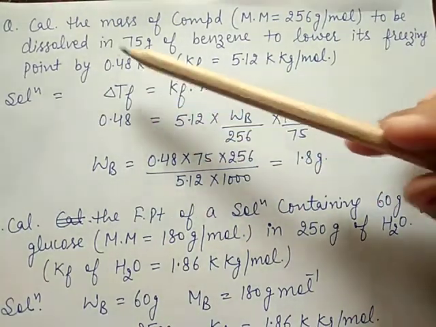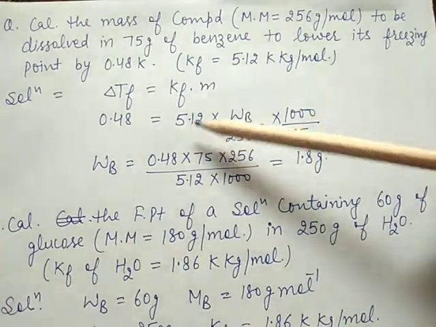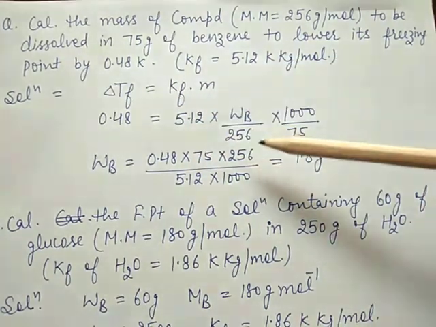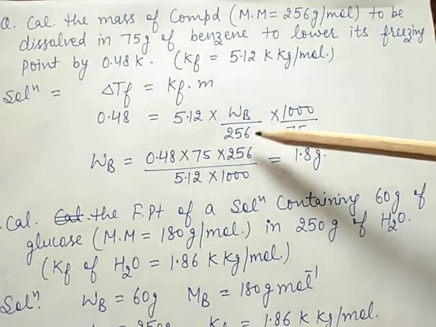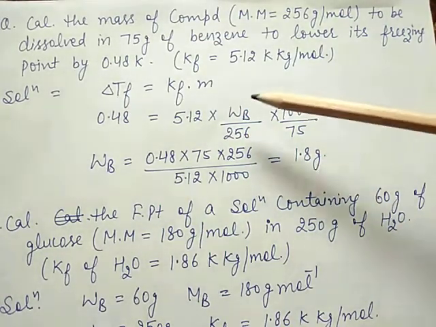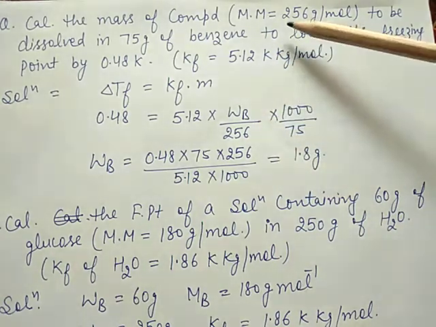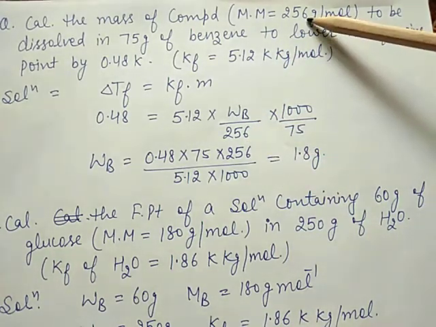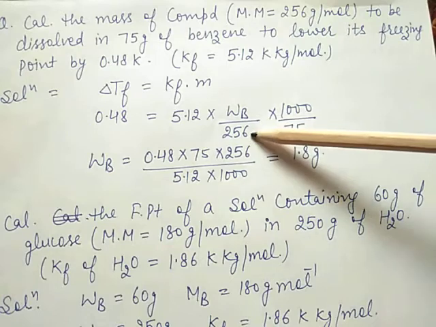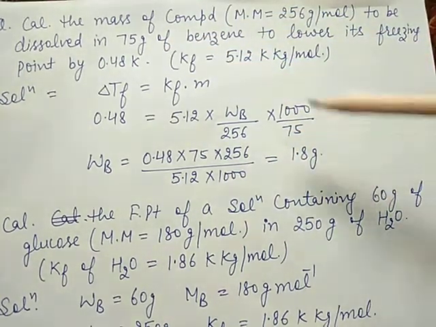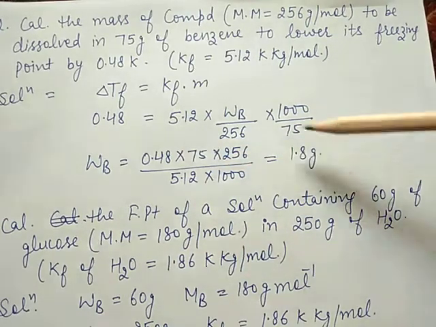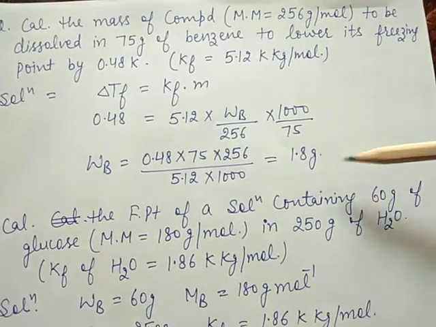Delta Tf is given, that is 0.48. Kf value is given. m, molality, means Wb by Mb into 1000 by Wa. Wb we can calculate. Molar mass of solute is given, 256, multiplied by 1000 by 75 gram, that is given. After calculation, the answer is 1.8 gram.